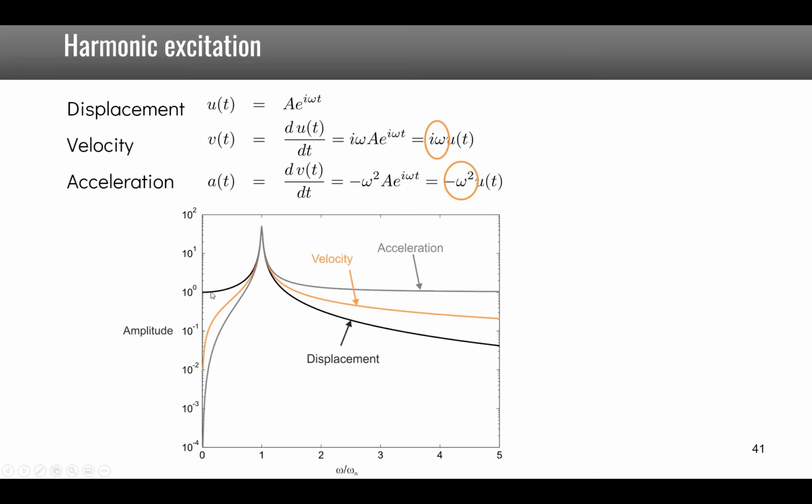For velocity, you will start from 0 because you are multiplying by i omega, so omega is 0 here. And you see that velocity is increasing until resonance and then decreasing. For acceleration, it is still 0 at 0 frequency, but after resonance, it tends to a certain asymptotic value, which is non-zero.